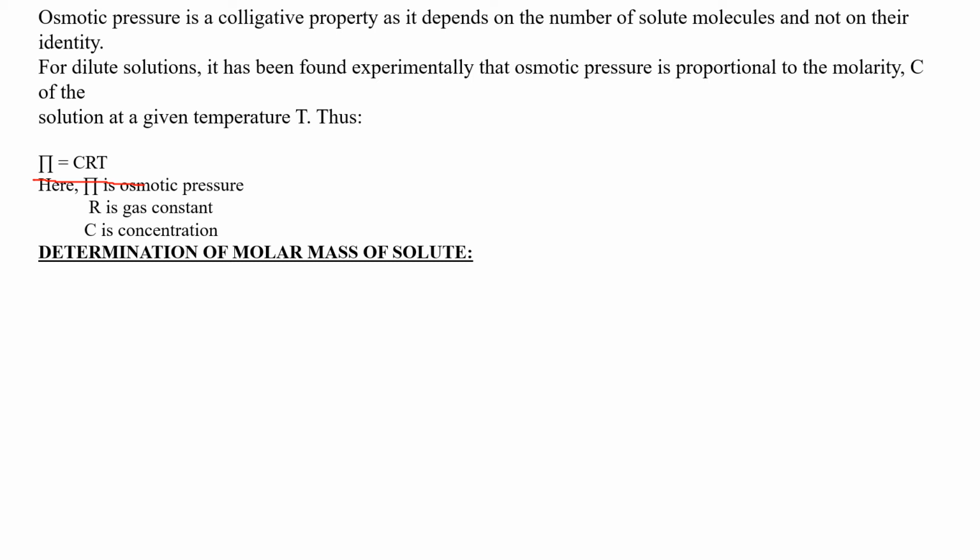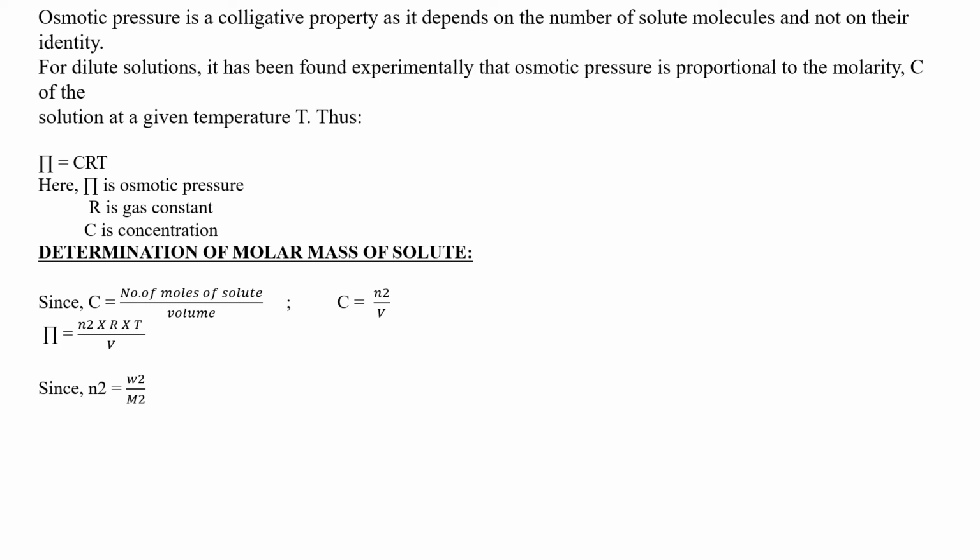Since osmotic pressure is a colligative property, and colligative properties are helpful in the determination of molar mass of solute, from this we can also find out the molar mass of solute. Since concentration equals number of moles of solute divided by volume, C will be equal to N2 upon V. On putting the value of concentration into the equation of osmotic pressure, we get pi equal to N2 into R into T upon volume.